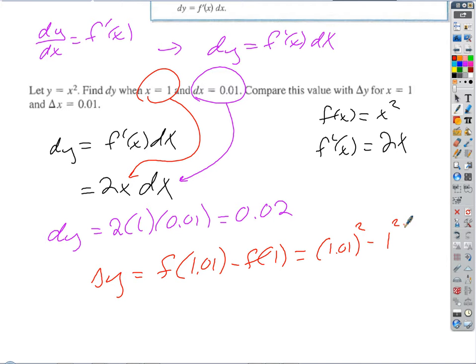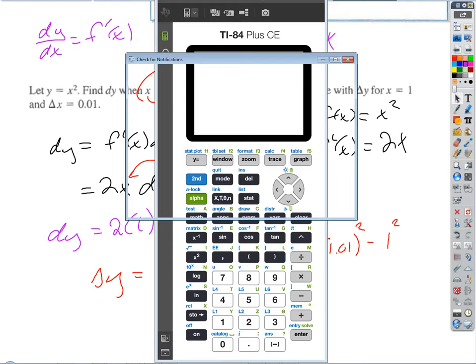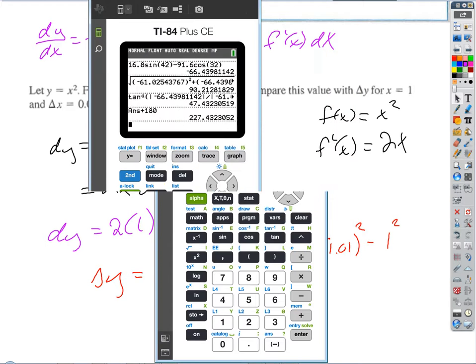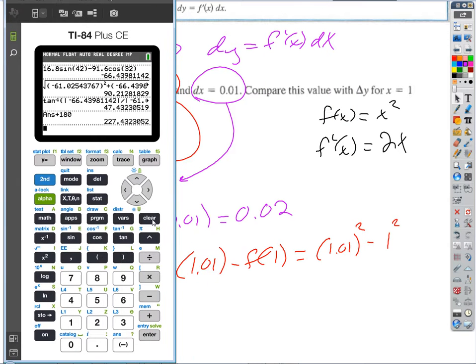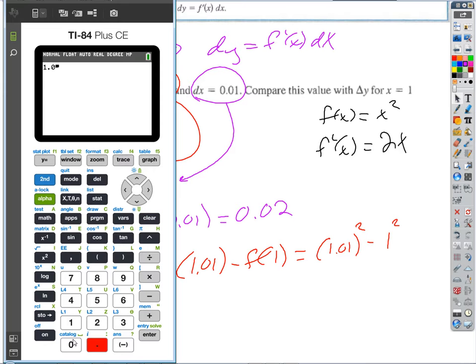And so we'll put that in our calculator and see what we get. Then 1 squared is just 1, right? So 0.0201.